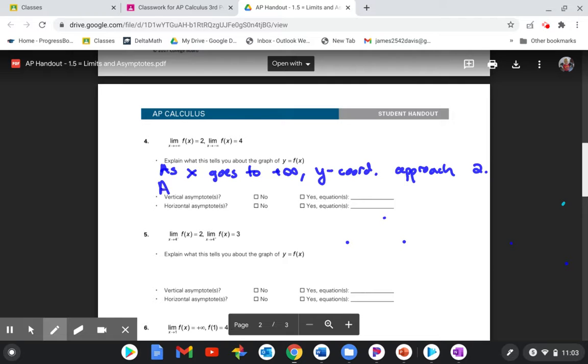And the other one we could say as x goes to negative infinity, y coordinates approach 4.